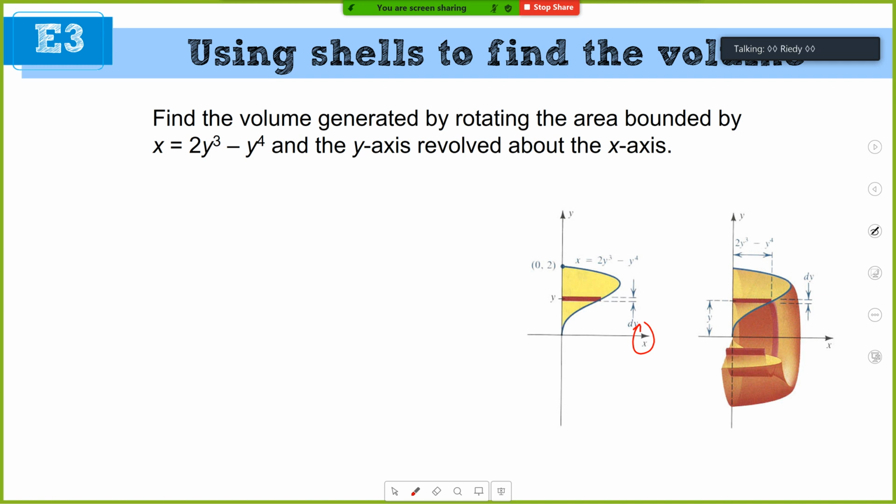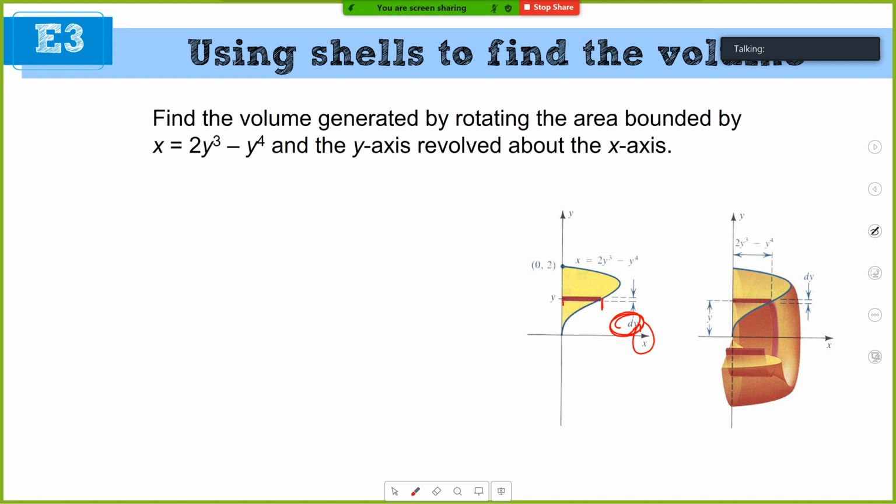Beautiful. All right, what's the area of that rectangle? I'll give you part of it. It's right there. Dy times 2y to the third minus y to the fourth. Perfect. I'm going to write it even simpler.